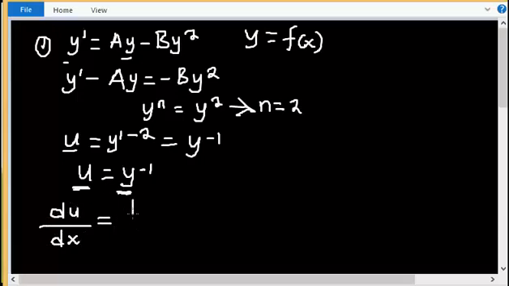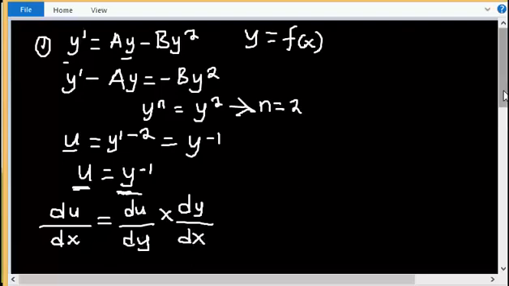First I have to differentiate u with respect to y, then multiply by the derivative of y with respect to x. This is called the chain rule.